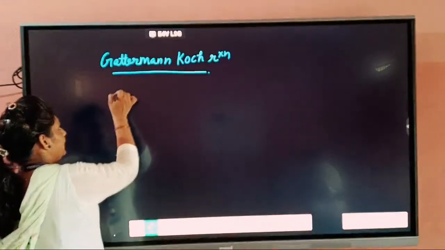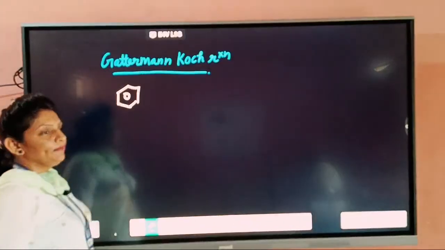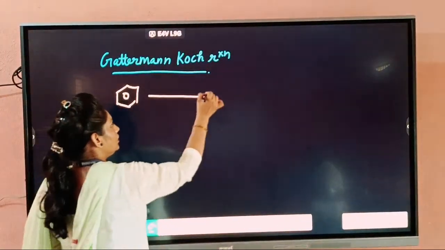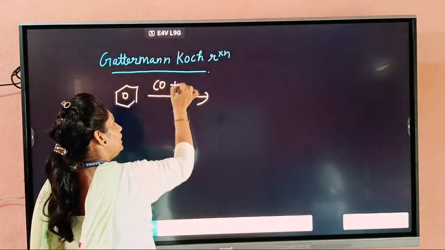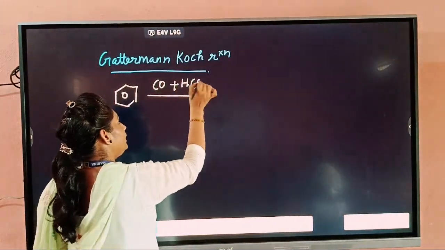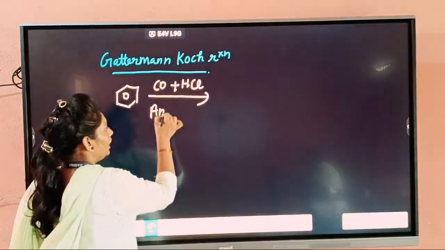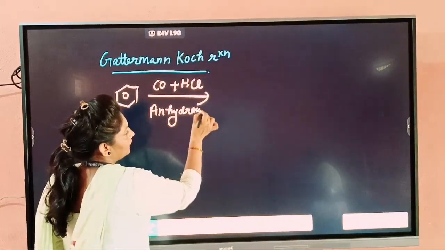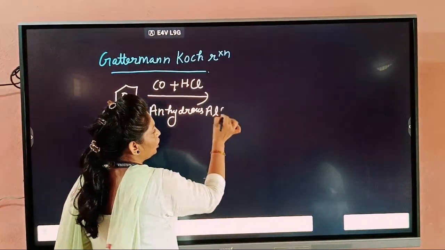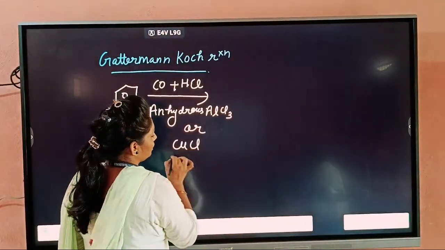Gattermann-Koch reaction is when a benzene ring is treated with carbon monoxide and hydrogen chloride in presence of anhydrous AlCl3, aluminium chloride, or we can take cuprous chloride also.